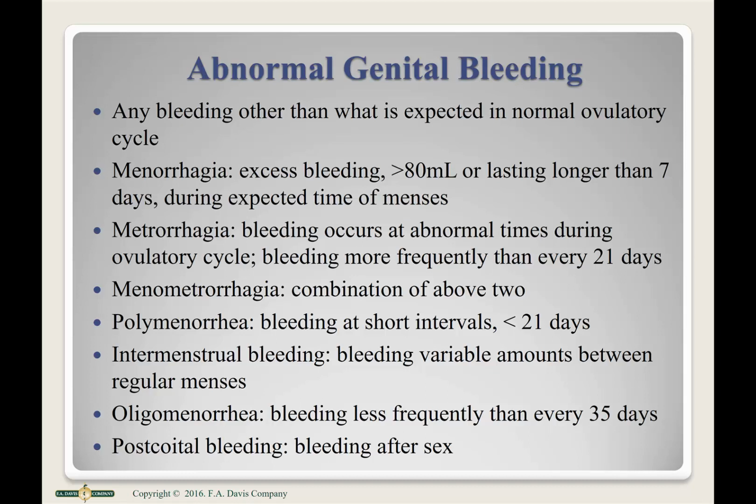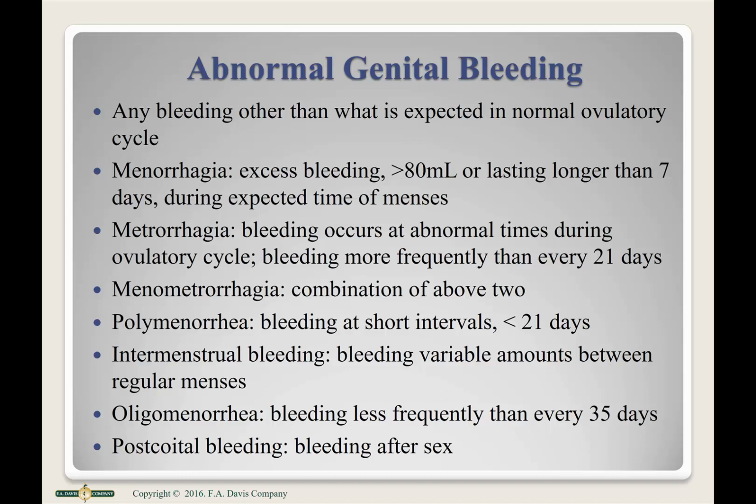So menorrhagia, menometrorrhagia, polymenorrhea, and intermenstrual bleeding. Besides menometrorrhagia, that is too much bleeding in amount and in days, along with abnormal bleeding during the menstrual cycle.